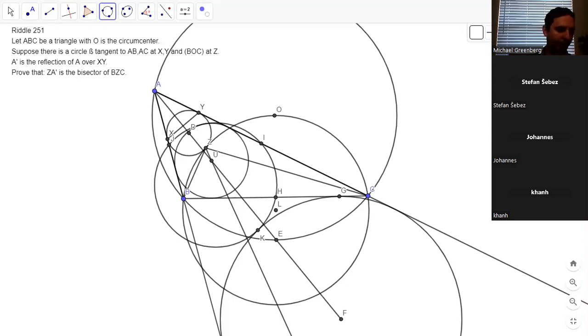But it seems very clear that whoever made this problem wanted to use Protassov, I would guess. Yeah, I see that Protassov lemma would follow easily if we knew BUZX is cyclic, because then by symmetry, UXB is going to be UYB.